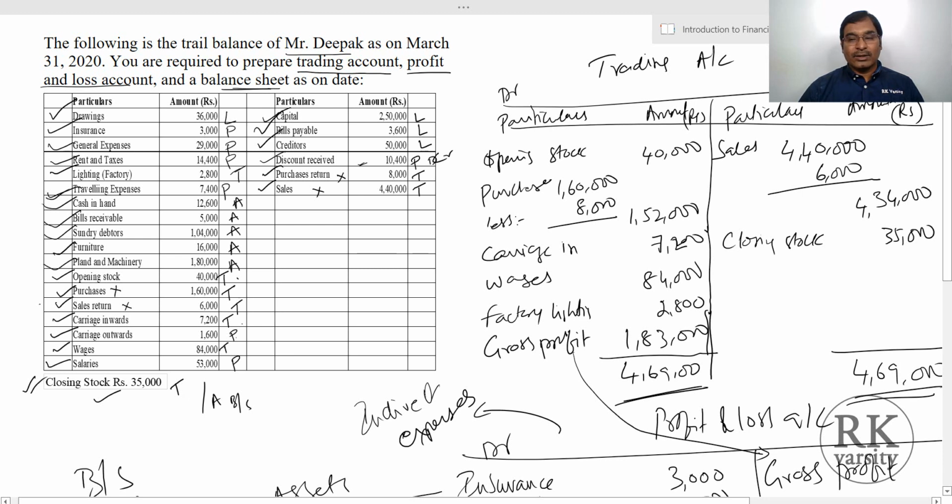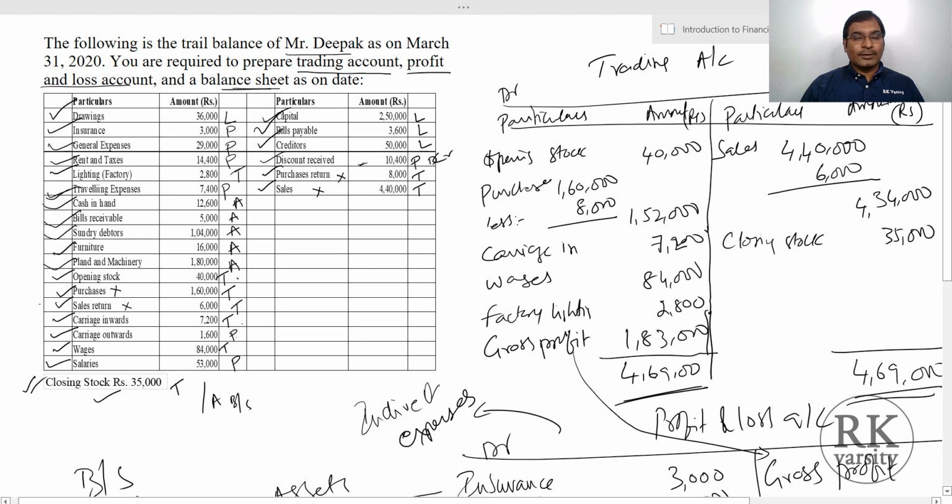Then whenever you post each transaction into the relevant account, make a tick mark so that you minimize your errors. Accounting is recording transactions in a systematic way, so final accounts should also be prepared systematically by following a procedure.